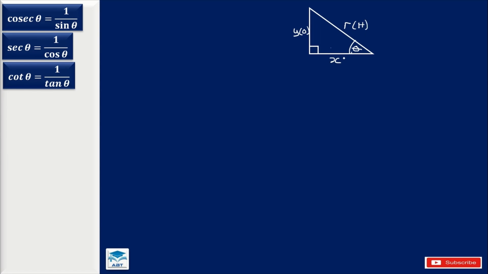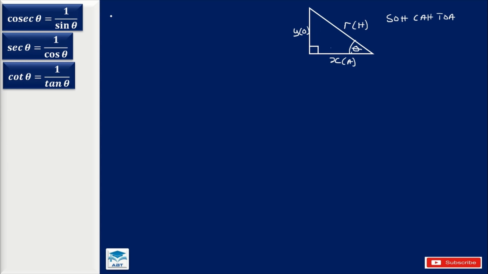The other side left is the adjacent. From SOHCAHTOA, SOH means sine theta is equal to opposite over hypotenuse.